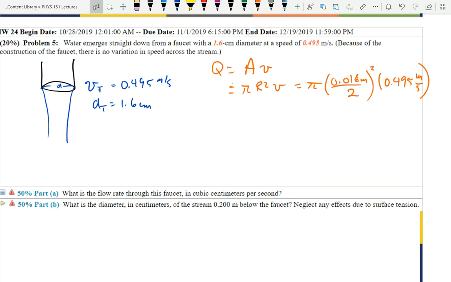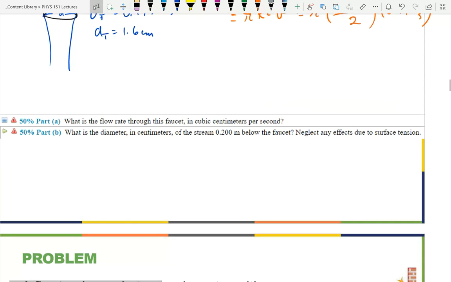So if I'm going to calculate what the diameter is, what's the first thing I need to calculate? The final velocity. This is water falling. Water falling is no different than scissors falling, except it's less dangerous. So how do I find the speed 0.200 meters below? Kinematics.